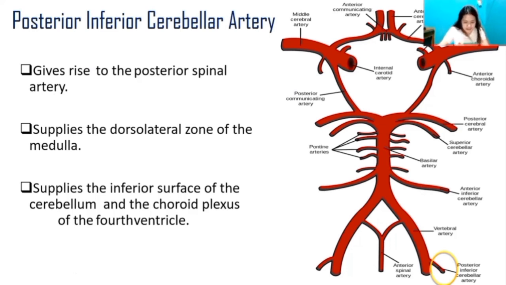It supplies the medial and inferior vestibular nuclei, inferior cerebellar peduncle, nucleus ambiguus, and intraaxial fibers of the glossopharyngeal nerve and the vagal nerve, so cranial nerve 9 and cranial nerve 10. And also the spinothalamic tract and the spinal trigeminal nucleus and tract.